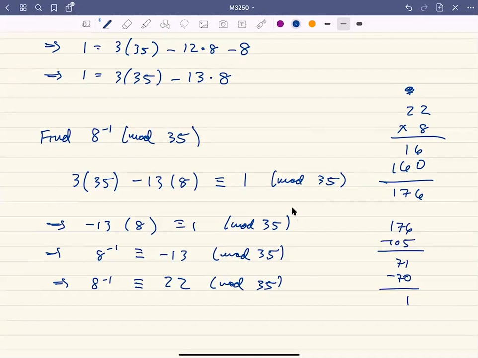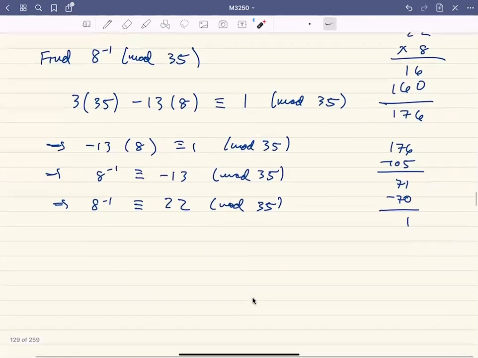It's the same trick that we did over here. We added 35 to this, and that kept the equivalency class the same. And here we're just subtracting multiples of 35 until we get a number between 0 and 34. So that is it. So 8 inverse really is equivalent to 22 mod 35.